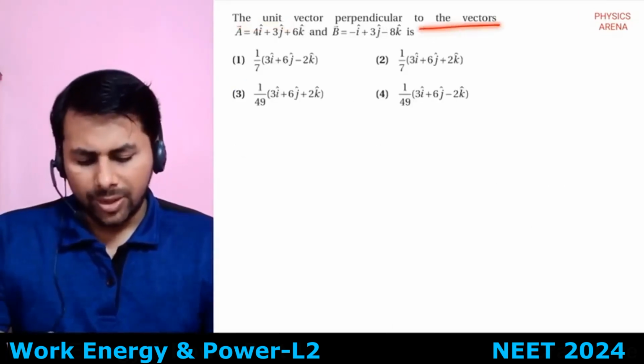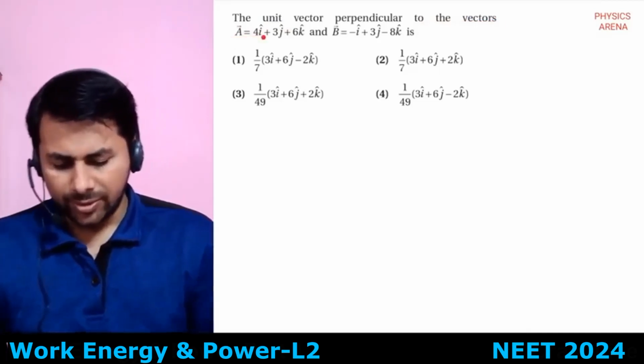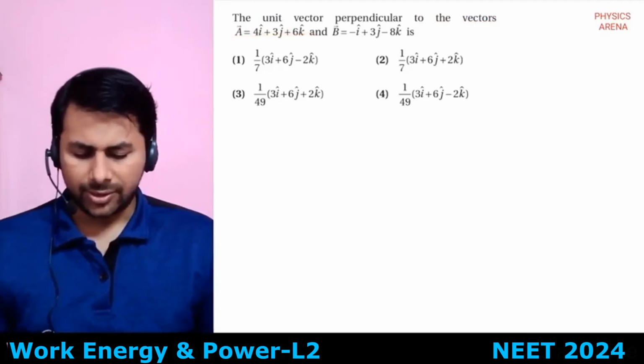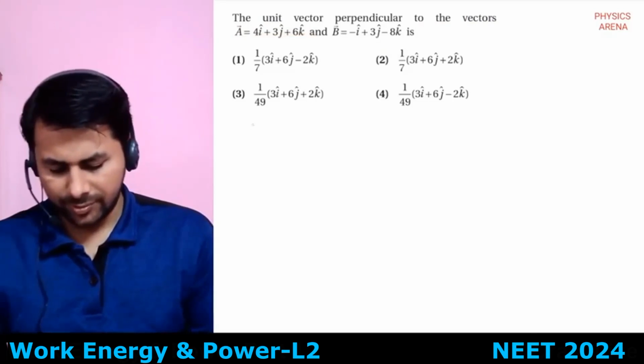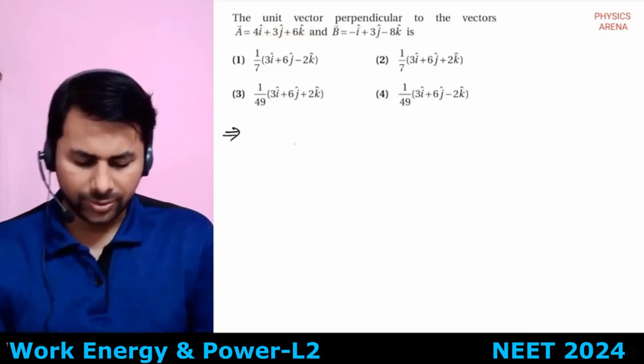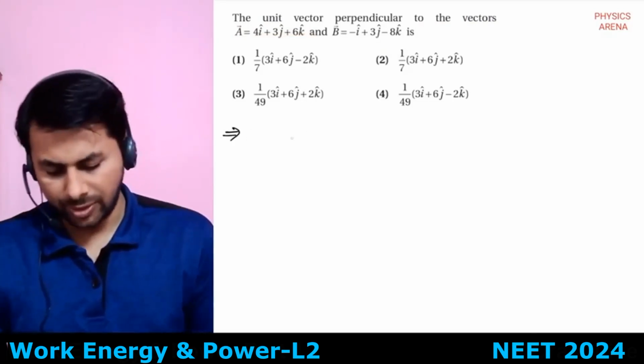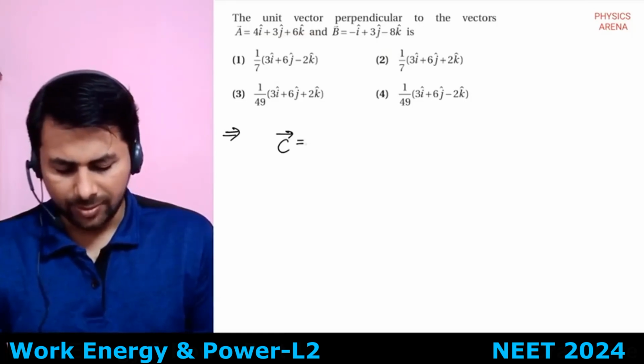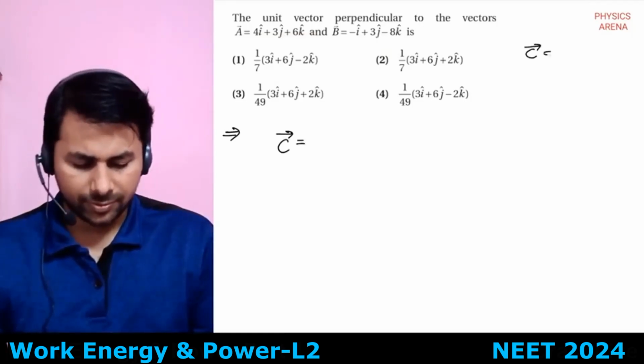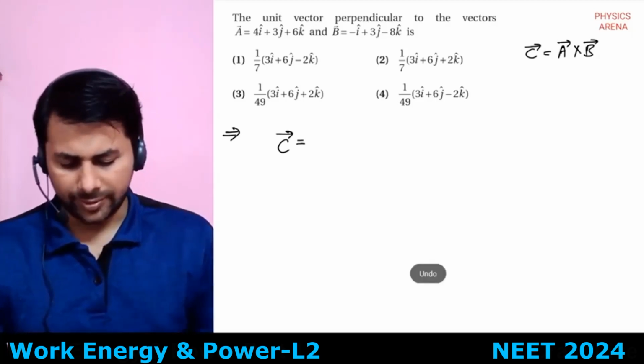Unit vector perpendicular to vectors A bar equals to this and B bar equals to this. So you have to find the unit vector. First of all, you have to find out C bar, which is equal to A bar cross B bar. Okay.